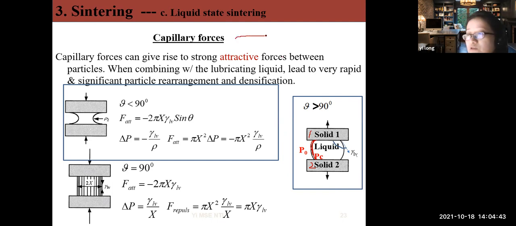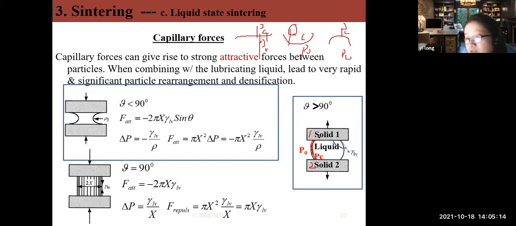So we said if something like this, or something like this, PC and P naught, you can say now I have different interfaces. If it is the first case, PC equals P naught, because it's a flat one, so you won't have any curvature.